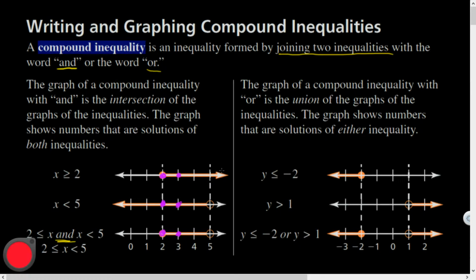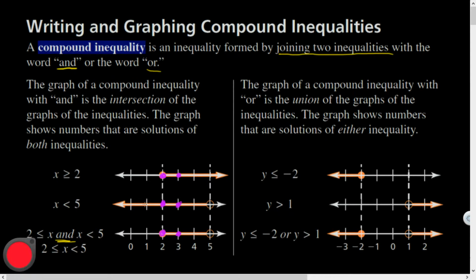What about 6? 6 is greater than or equal to 2. Cha-ching. But it is not less than 5. Therefore, notice it is not on the number line here. Even though it was true for one of those inequalities, it was not true for both of them, so we don't count it. That's how the and logic works. It's got to be true for both. So 6 is not on that number line.